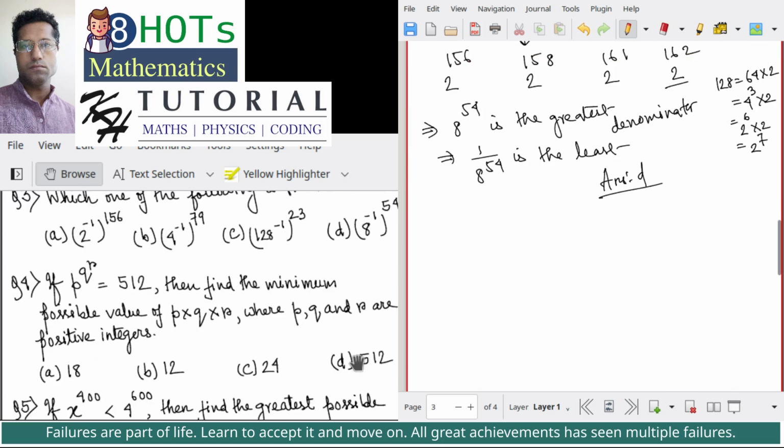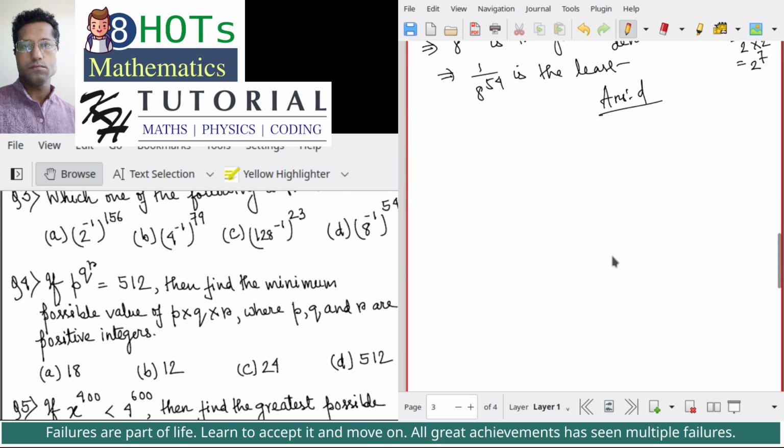Okay, let's see question number 4. Question number 4 says that it is given that p to the power (q raised to the power r) is equal to 512. Then find the minimum possible value of p into q into r, where p, q, r are positive integers.